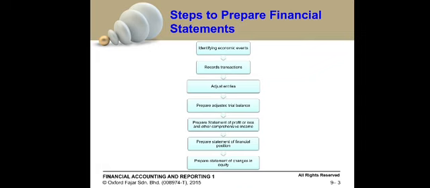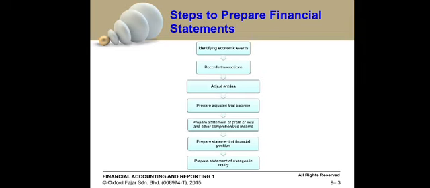After you have done the adjusting entries, you have to do the next step, which is to prepare an adjusted trial balance. And then after you have prepared the adjusted trial balance, you can prepare the income statement, the balance sheet, the statement of equity, statement of cash flow and etc. Okay, these are the steps.